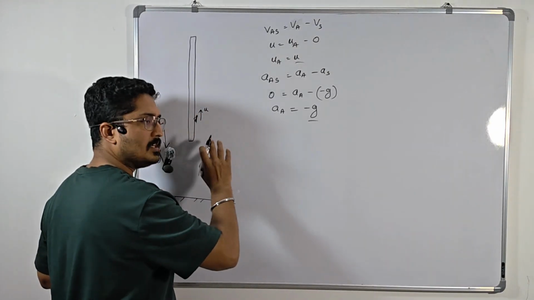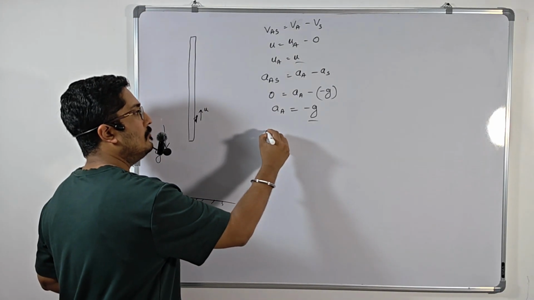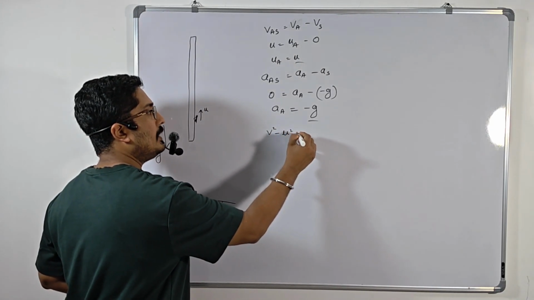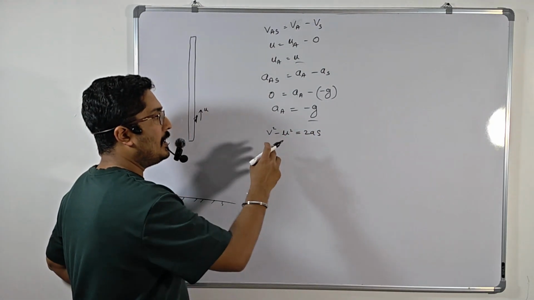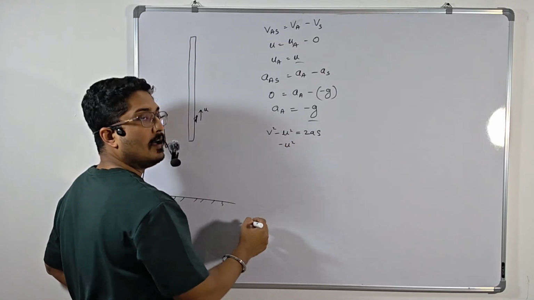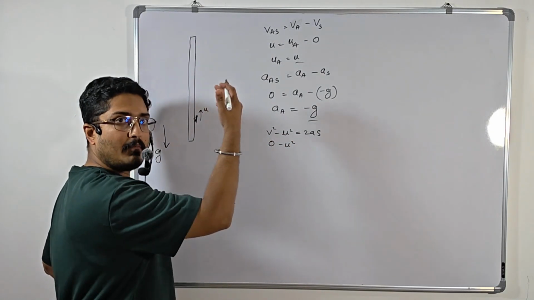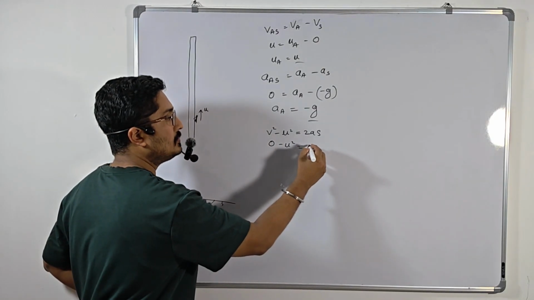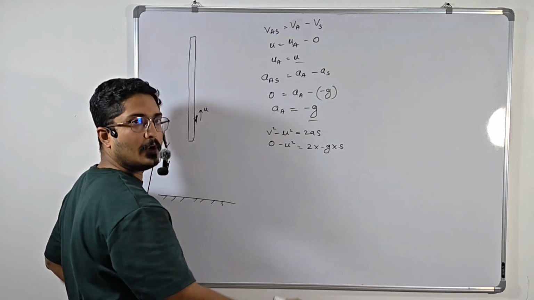And that's why I'm using the general equation of accelerated motion, v square minus u square equals 2as. The reason for choosing the formula is, I know the initial velocity of the ant, u, and I know the final velocity for the maximum height condition, which is 0. So 0 minus u square equals 2 into minus g into s, where the displacement is the unknown value.